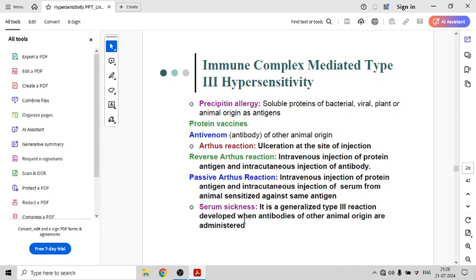Type 3 hypersensitivity is classified into two types: Arthus reaction, which is demonstrated on the skin surface, and serum sickness. So what is this Arthus reaction? Arthus reaction is nothing but formation of an ulcerative crater on the skin surface when the antigen enters through the skin, when there is a good amount of antibody in the host.